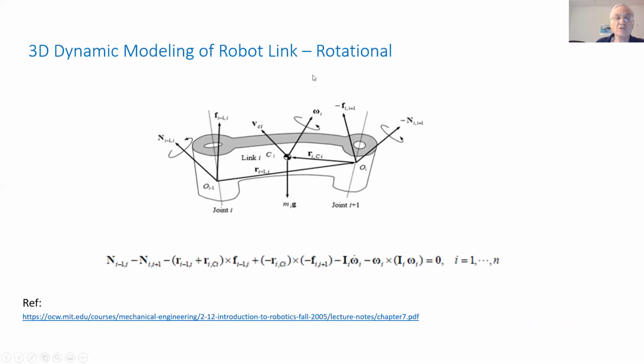And then we have the rotational equation, the summation of moments. So we have a moment that the previous link is acting on this link at this joint, which is n with this subscript. And we have similarly an n, which is the torque which the next link is acting on this link, and that is designated over here.